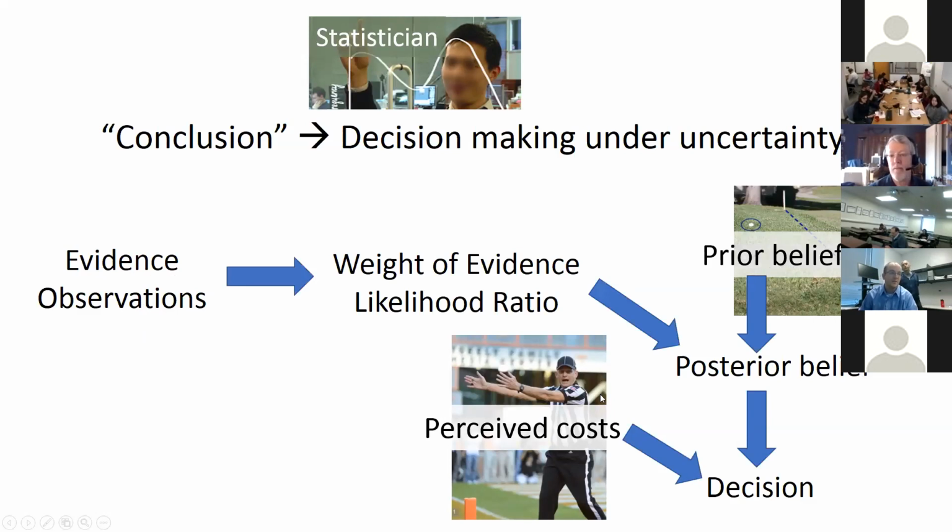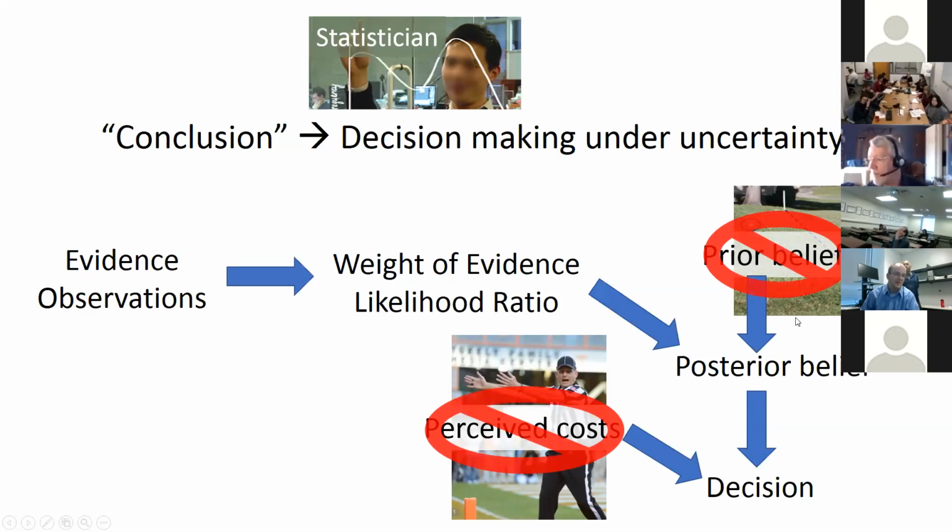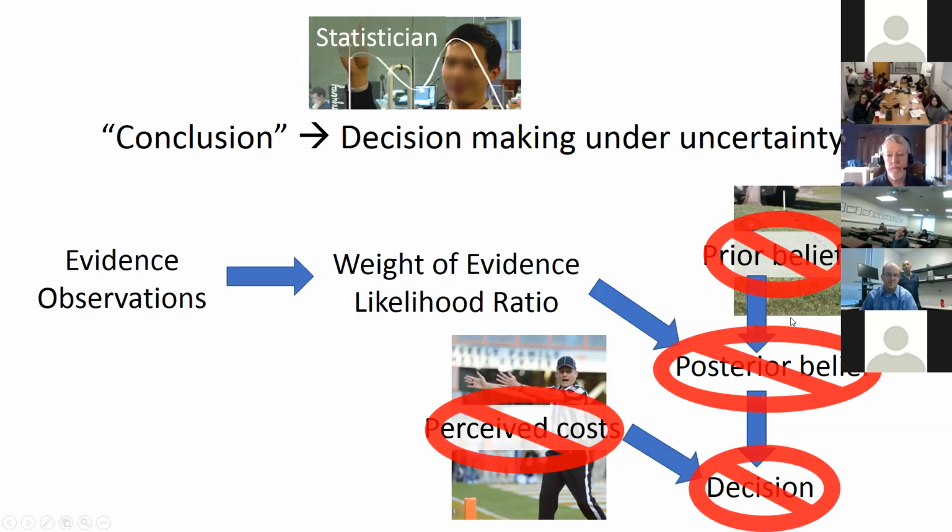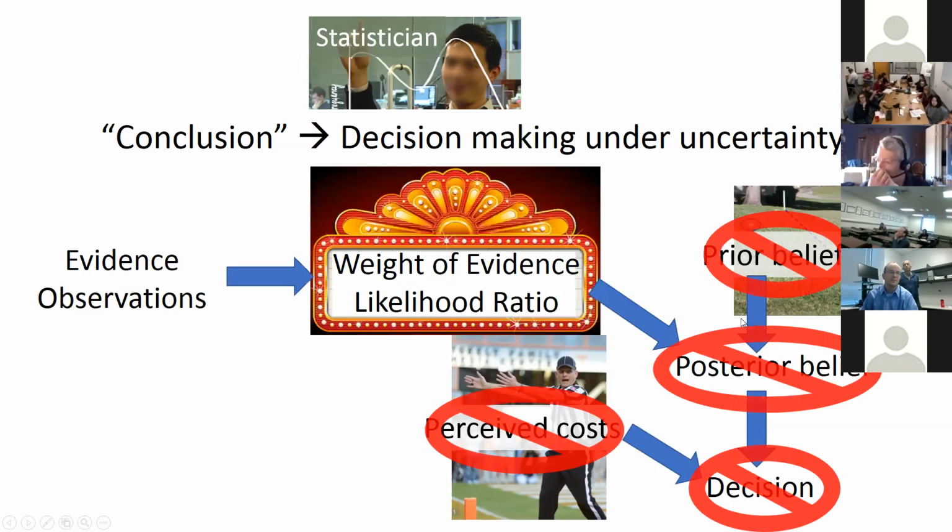And so if they're out of bounds and shouldn't be considered under the Bayesian framework, we can't really arrive at posterior beliefs or final decisions. And so for this reason, the weight of evidence or the likelihood ratio takes center stage.